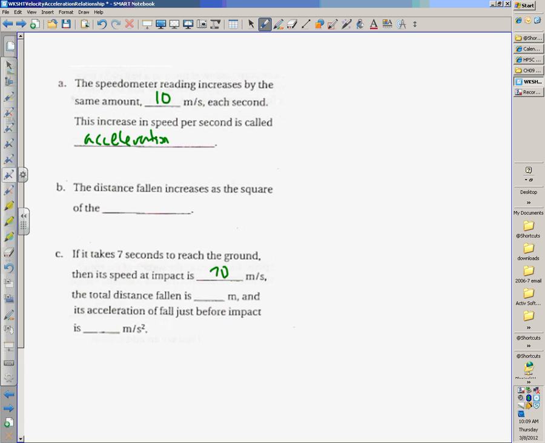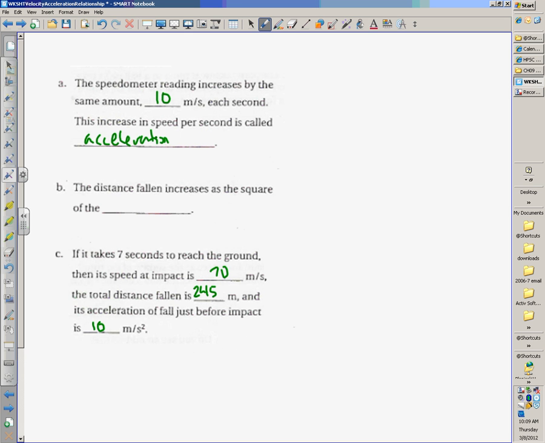The answer is 245. So the answer for distance fallen is 245 meters. But the acceleration just before impact is still going to be what though? The acceleration is still 10 meters per second.